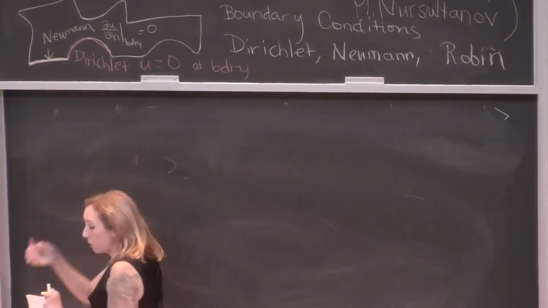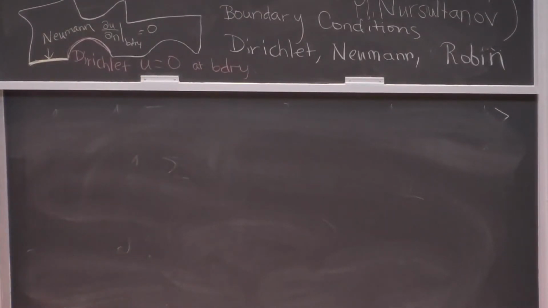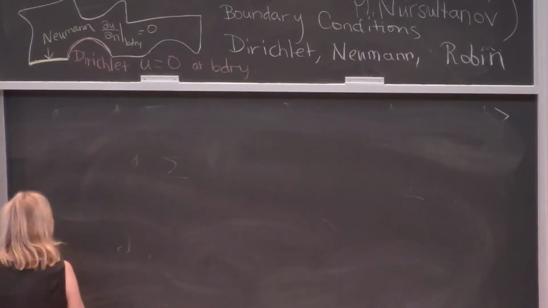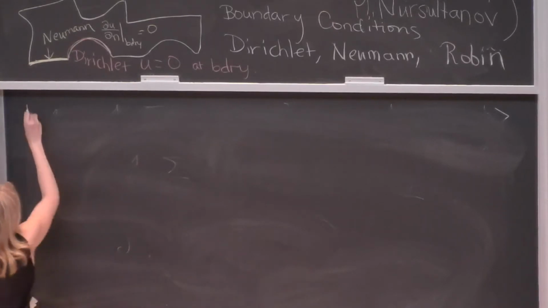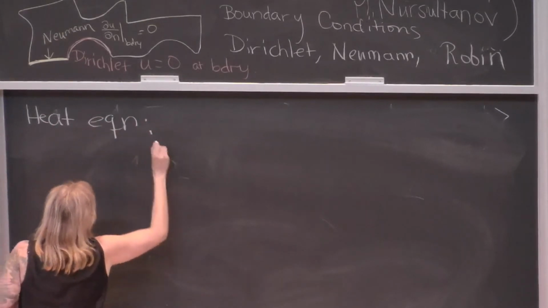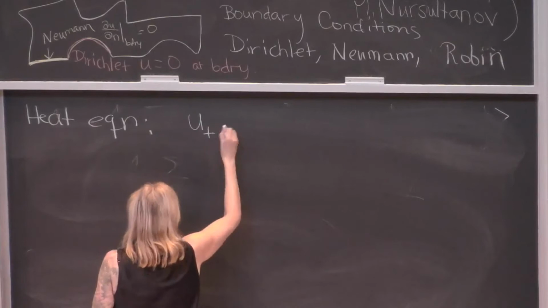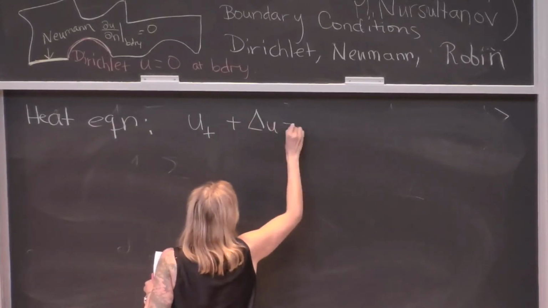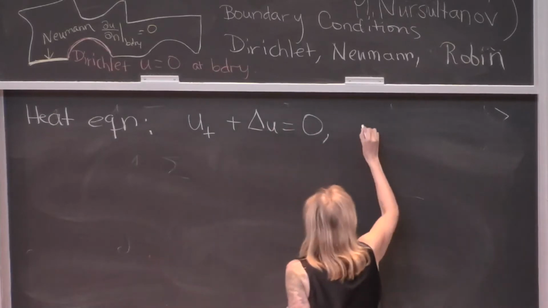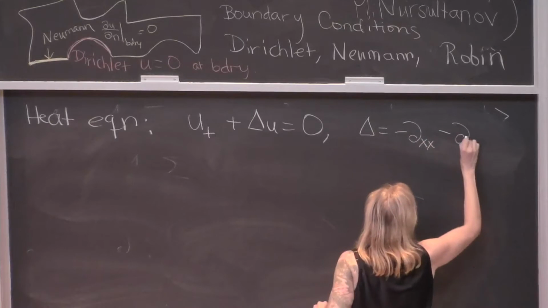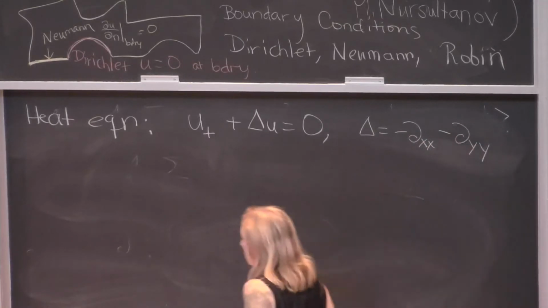Okay, so my heat equation in my geometric setting is now 2 dimensional. So my heat equation is going to look like this: u_t plus Laplace u is 0. And don't panic, because this is my sign convention. It's minus d_xx minus d_yy. Okay?